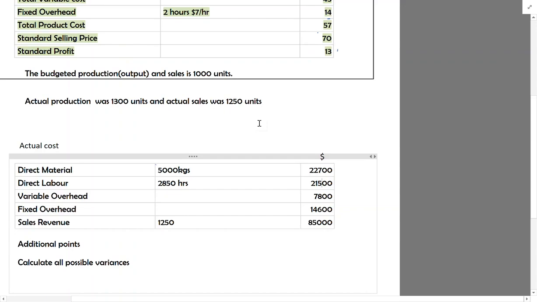Then we have fixed overheads. Fixed overheads is a little bit complicated. Do you remember in absorption costing we had under over absorption? Under over absorption is the difference between our overheads and the actual overheads. It is two reasons. So first let's look at that. So we look at actual overheads. Actual fixed overheads is 14,600.